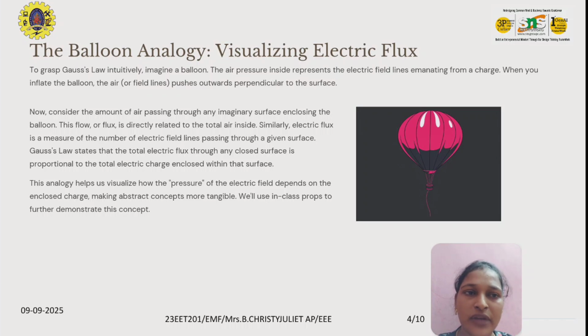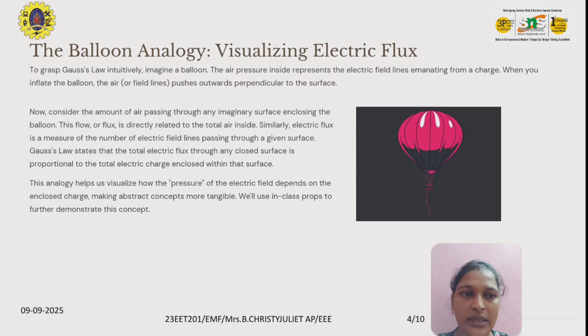We can understand that it is perpendicular to the surface, and the flow or the flux lines coming out of the surface will be related to the air inside. So how much air is inside the balloon, that will be coming out of the balloon when you inflate it.